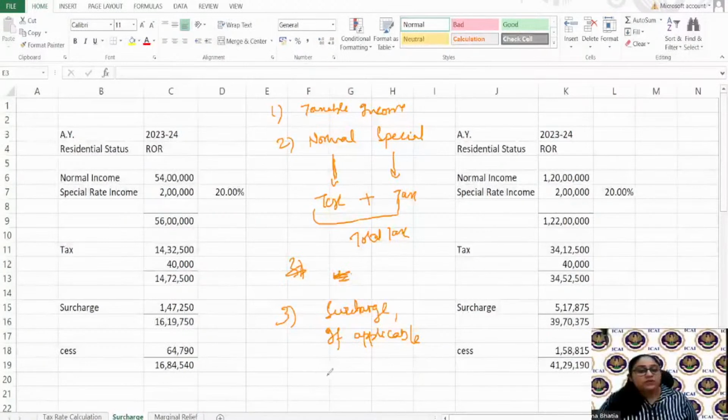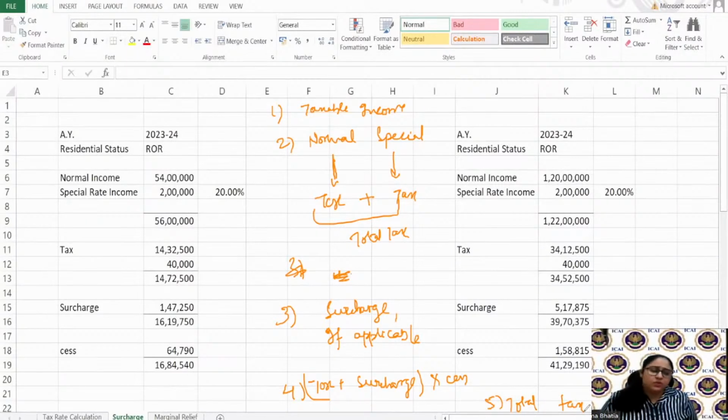Then on tax plus surcharge, whatever the amount is, calculate the cess, add that cess, so tax plus surcharge plus cess, you will get the total tax. रट्टा नहीं करना, practice करते रहोगे, automatically आ जाएगा. ठीक है?